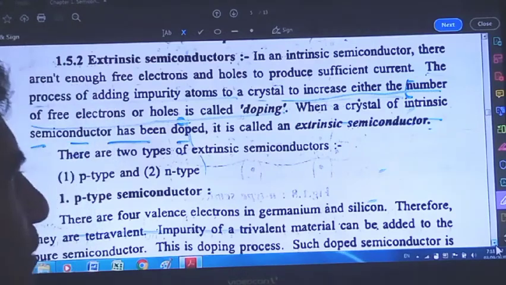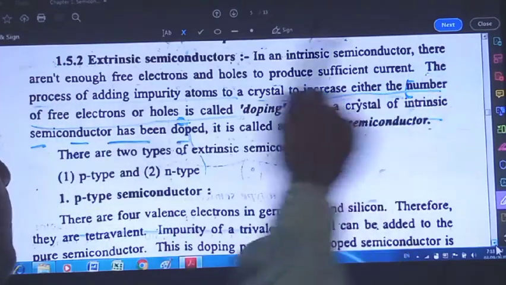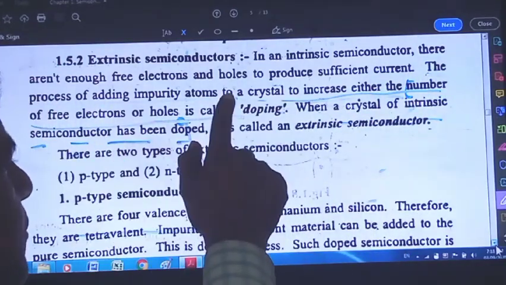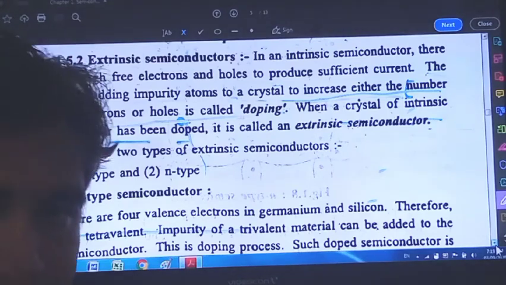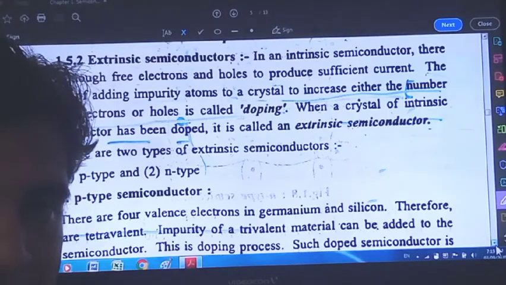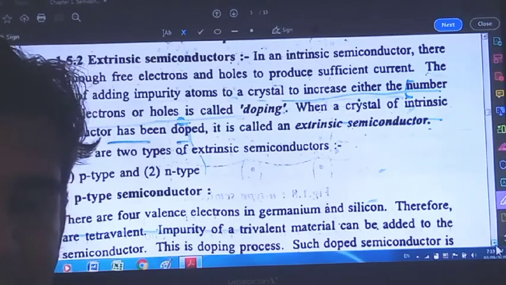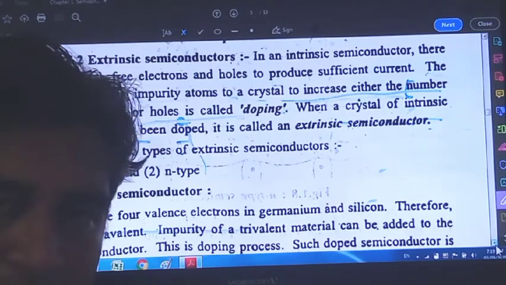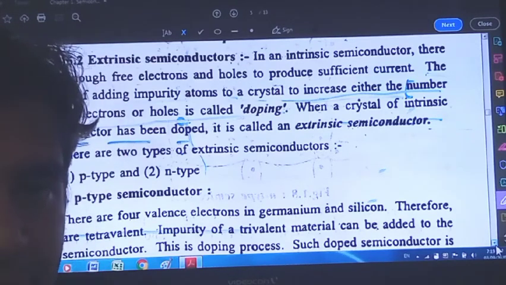So for doping, only one statement you have to keep in your mind: the process of adding impurity to the atom. This much of the wording is meaningful. Whenever anyone asks you what is doping, your answer will be the process of adding impurity.